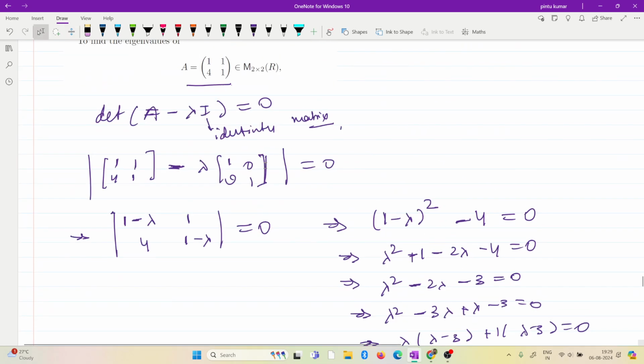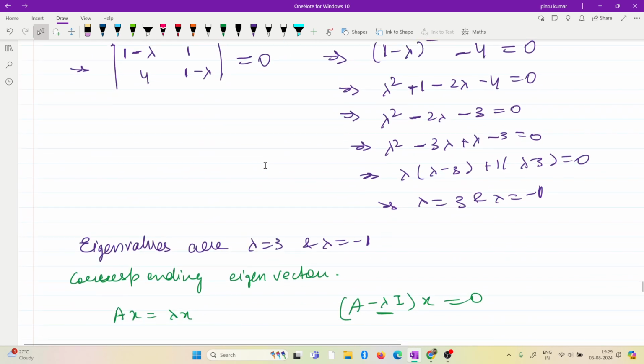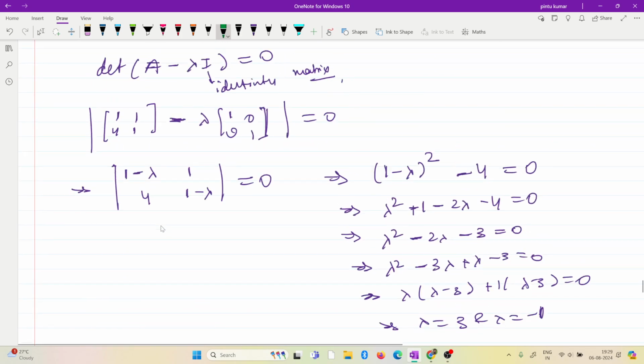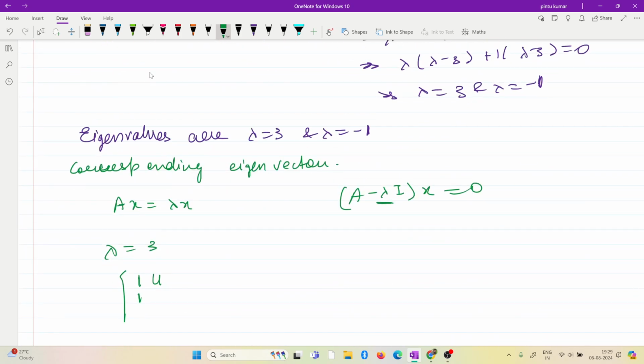So the matrix was 1 1 4 1. Let's try to solve for lambda equal to 3. So 1 1 4 1 minus 3 times I, which is 3 0 0 3.